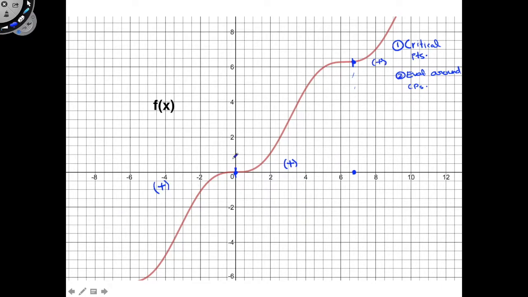Now let's make an exaggerated sketch. Well, over here, it's actually kind of flat to begin with, so we're going to start very close to 0. We're going to go higher because we have that kind of a steeper slope over there.